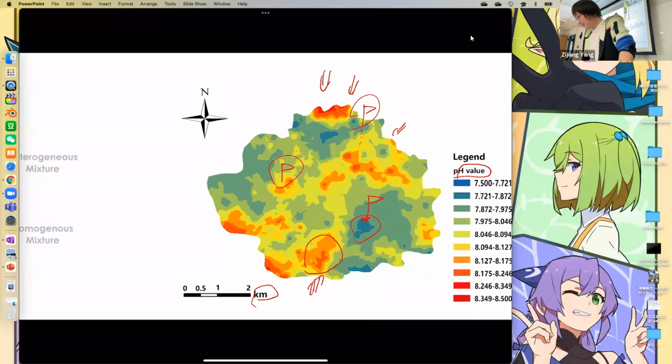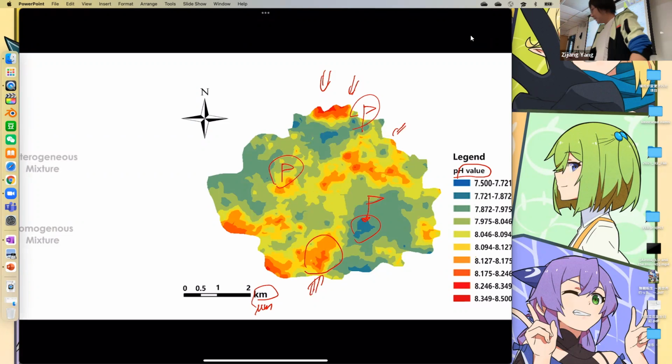But let's just say if this scale is micrometer. So this is a pH distribution of a soil in very good resolution, and the scale is only about the micrometer. And when we are taking soil samples, the size of the soil sample may just be about several centimeters or 1 meter.